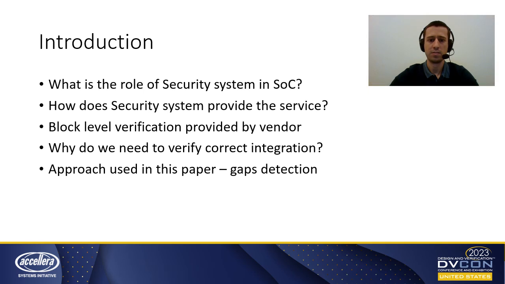Now, this is not enough. When this block is integrated into the SoC, some vulnerabilities can also be introduced with it. So we need to verify that the integration was done correctly.